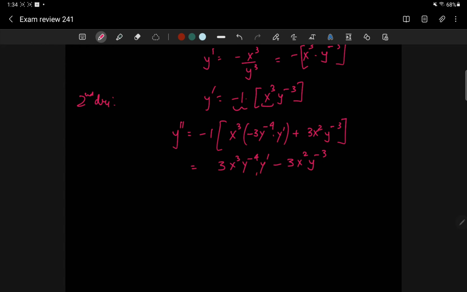The only thing left to do here is, if I leave my y double prime in terms of y prime, then it's kind of cheating because I have not solved it completely, right? And because I had to find y prime to get y double prime, it makes sense that I use that value over here.